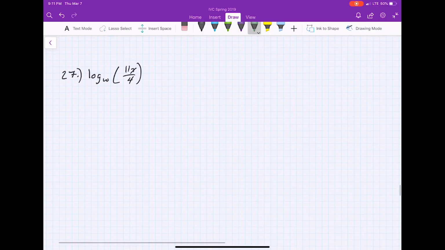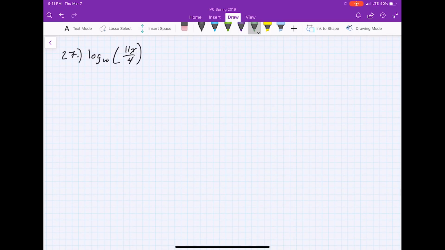Number 27 is exactly the same, except we have 11x on the top. So that's going to end up giving us something else. So we have log sub w of 11x minus log sub w 4. But since we have 11x, that's a multiplication, so we can split that out a little bit further into an addition.